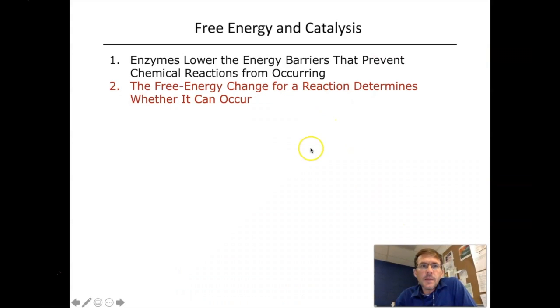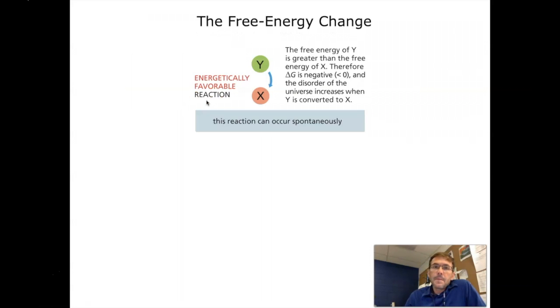One thing we want to talk about, in understanding whether a reaction is likely to occur or not, is free energy. Free energy is going to determine whether a reaction can occur. It can be thought of as useful energy. In favorable reactions, it's going to be negative.